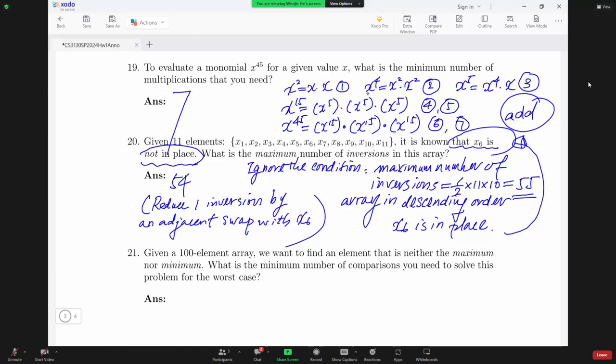So one fewer. All the other places keep the same. All other places, no change in the number of inversions. Only this swap place changes the inversion. Okay? All right.